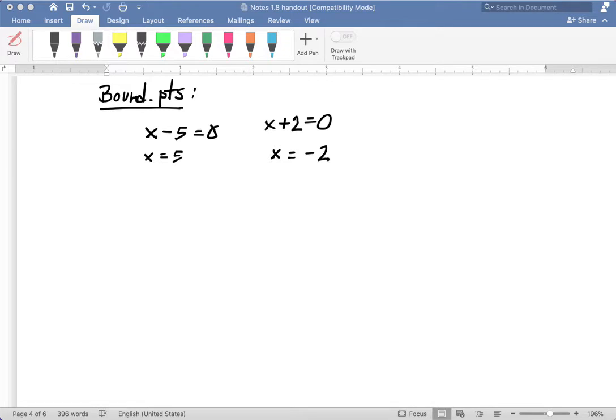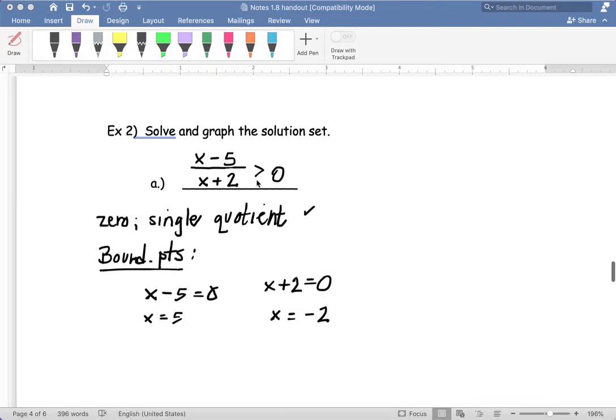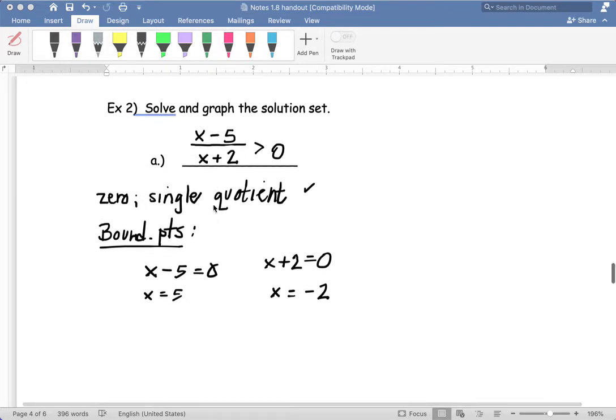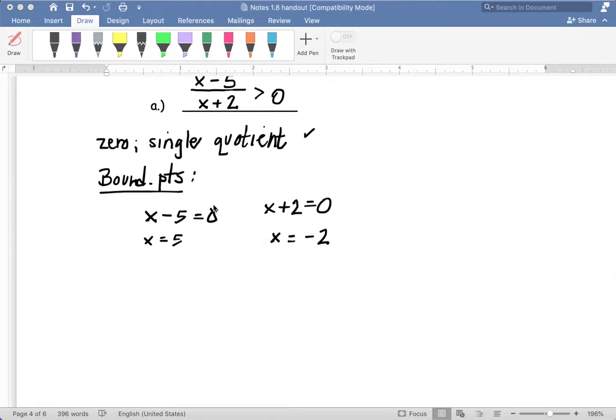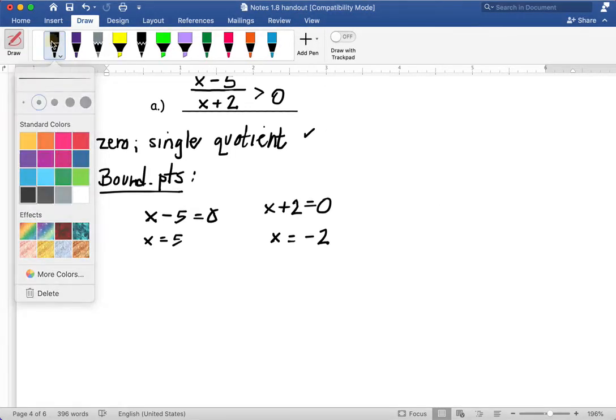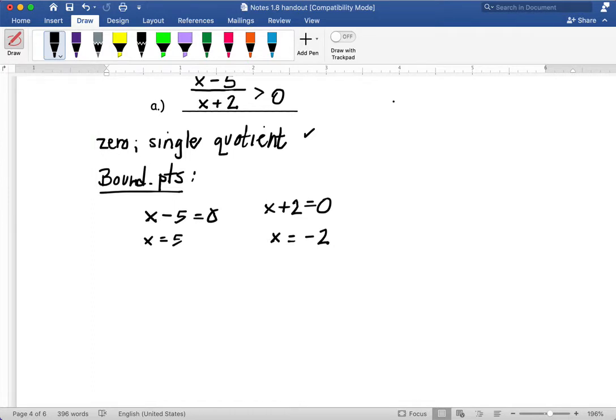Now, what you also have to keep in mind is because you have variables in the denominator, we also have to say what x can't be. Sometimes these restrictions are going to cause issues for us when we have an equal to.